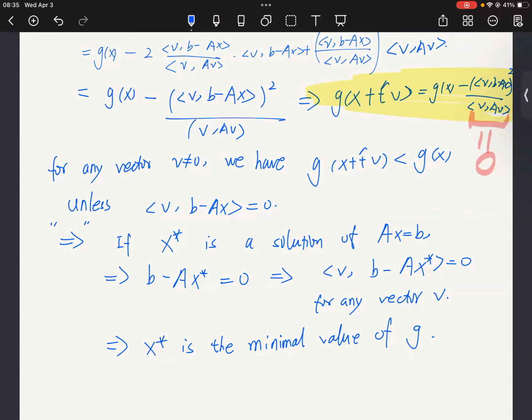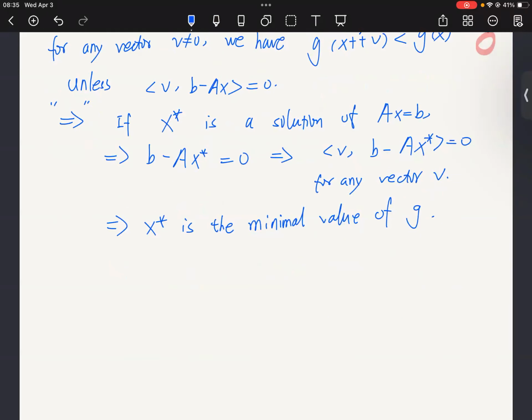Any question? No? So this is just one direction, if we assume this one is the solution of AX. And the other direction is we assume that this is the minimum value of GX.